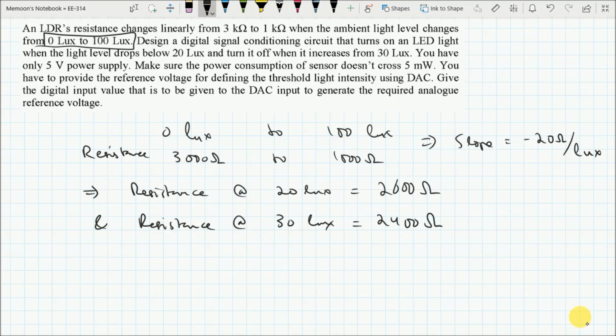We have to convert these resistances into voltages. So let's use a potential divider for that purpose. So here is our potential divider. This is our 5 volt supply. Let's choose this to be the fixed resistor and this to be your LDR. And here is your V out corresponding to your varying light intensity. So the maximum power consumption of the sensor shouldn't cross 5 milliwatt.